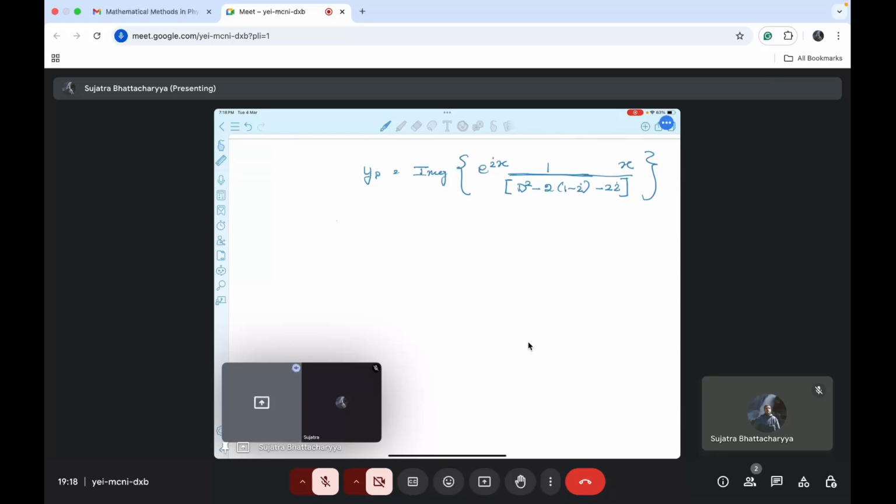Fine. Let's go ahead. Y p is the imaginary part of the solution of e to the power iota x. Now what I do is that 2 iota I will take common with minus sign. And one x is also there.